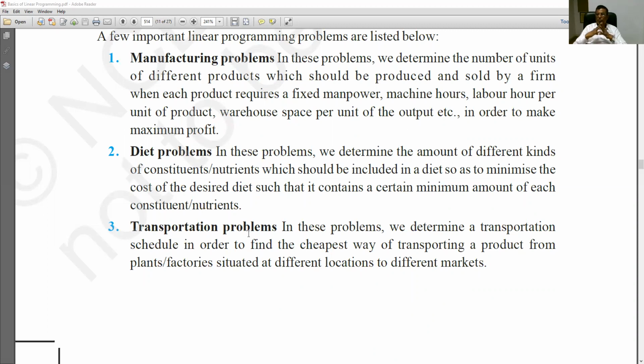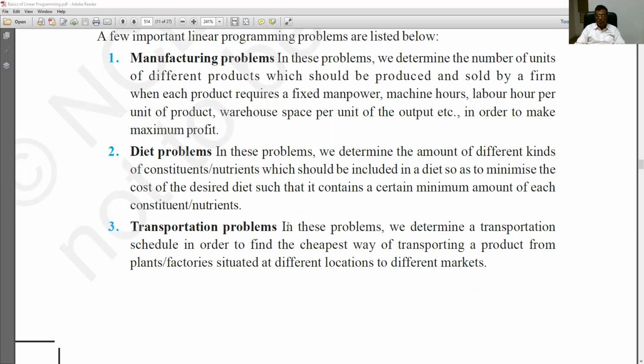Then you have to hire some vehicles, some trucks, and talk to the railway for a booking of your accessories, and to fetch it for your organization, for your industry. Then the problem that we are discussing right now will be under the arena of transportation problem.